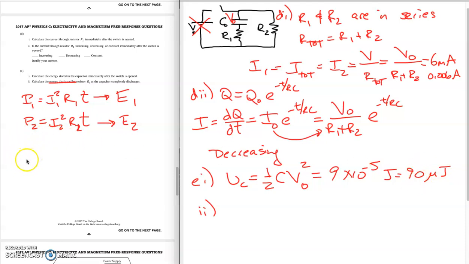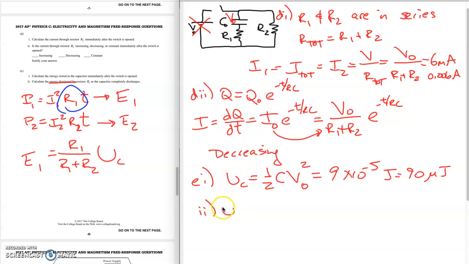That was E part 1. So energy dissipated by, they wanted 1. It's going to be just a fraction, because keep in mind, the only difference between these guys is in the resistance. So it's going to be R1 over the total, because we don't want the relative values. What we want is how much of the total do we have, times however much was in the capacitor, which supplied all of the energy.